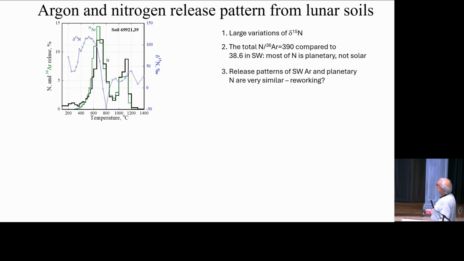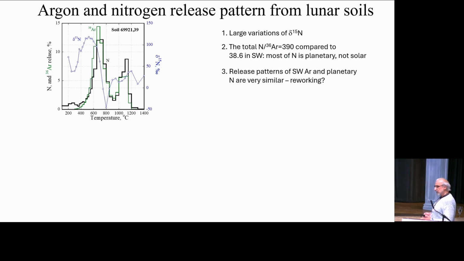You can see here that the release pattern of solar wind argon, which is 100% solar wind argon-36, and planetary nitrogen, which is almost 100% not from solar wind, are very similar. Previously it was suggested how to explain why these two components from different sources have such a similar release pattern.